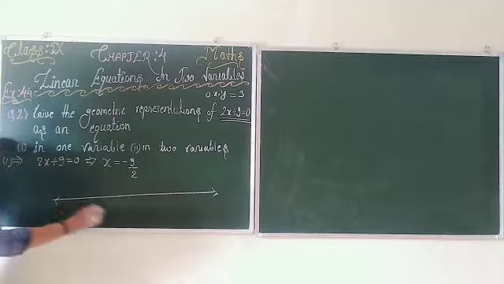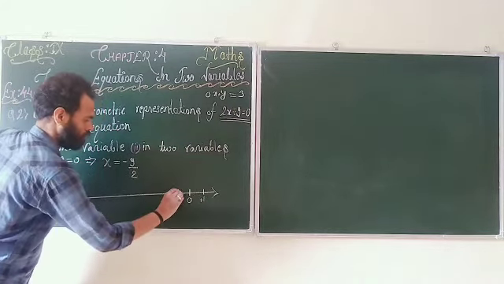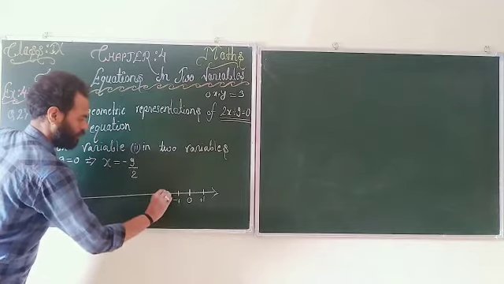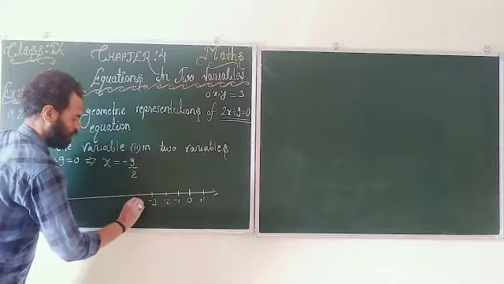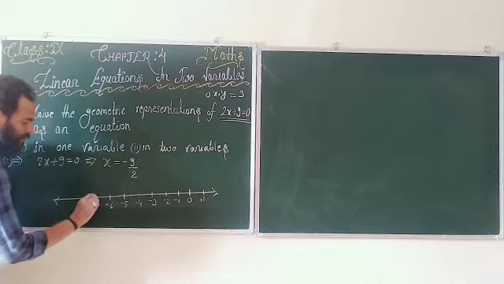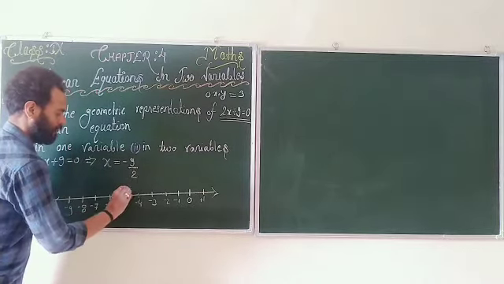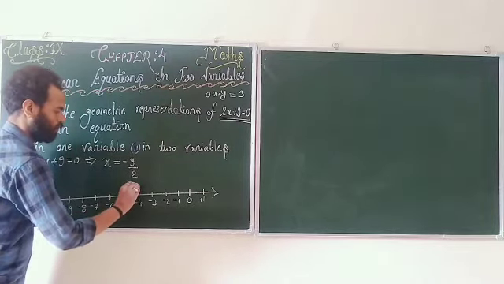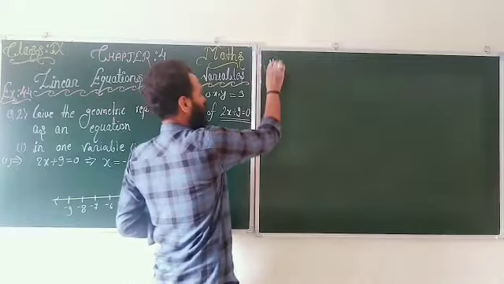And when we draw the number line, here we take 0, 1, minus 1, minus 2, minus 3, minus 4, minus 5, minus 6, minus 7, minus 8, minus 9. So there is the point minus 9 upon 2. This way we show minus 9 upon 2 on the number line.